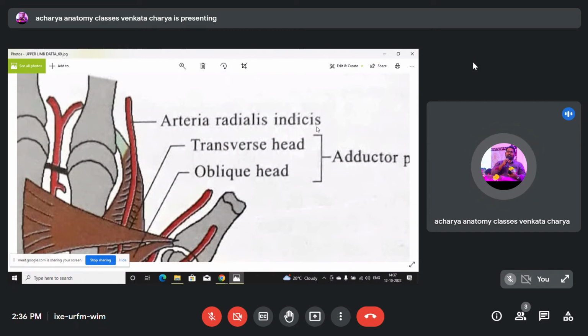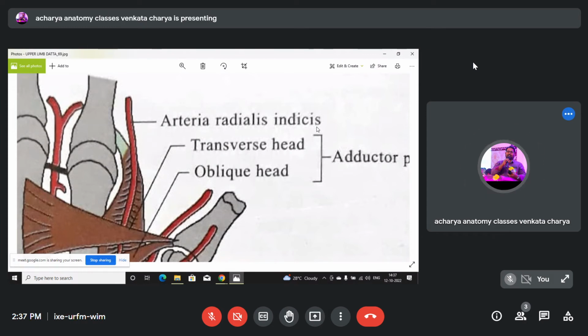One. Okay. So 1, 2, 3. So these 3 branches arise from the deep branch of the radial artery. Then 4th to 10th arise from the superficial palmar arch.